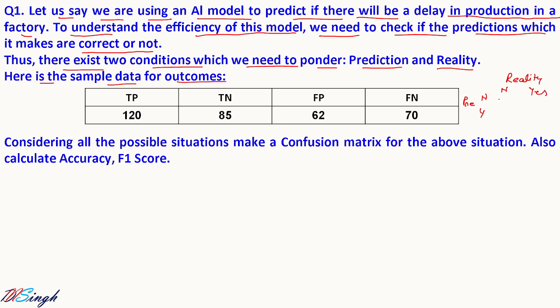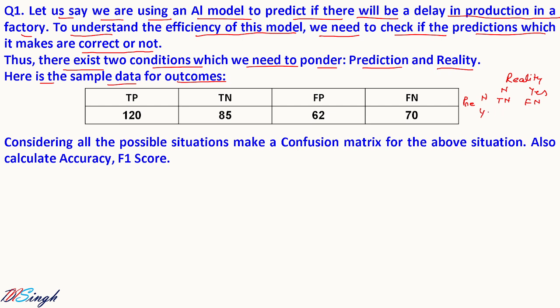So when prediction and reality match, the first word will be true, and if the prediction value is negative, the next word will be negative. Then you have reality is yes and prediction is no. They both are not matching, so the first word is false and the next word depends on the prediction value, that is no, so negative.